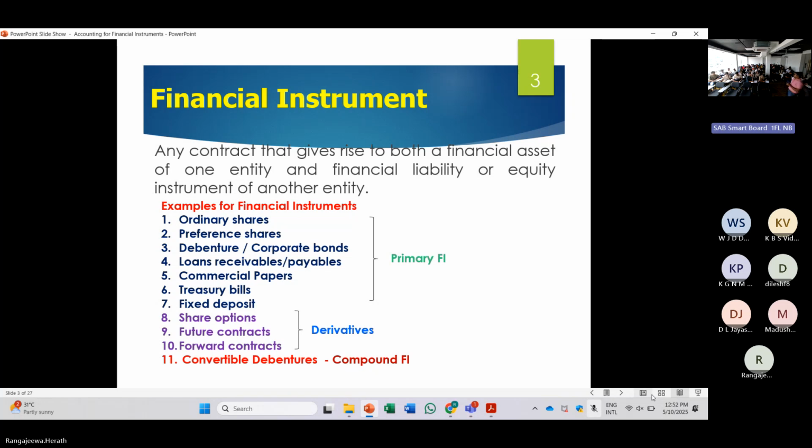Right? Investment in joint venture. All these three will be covered in this course. When we go through the course outline, subsidiary, associate, joint venture, the group financial statements will be tested.